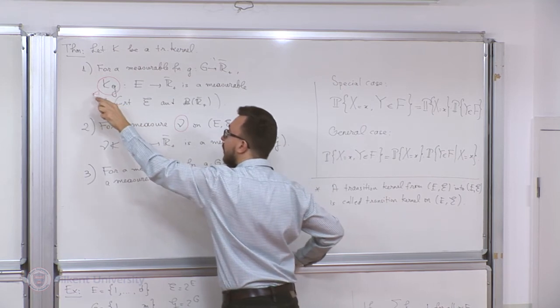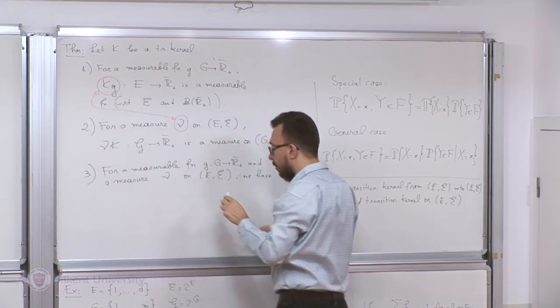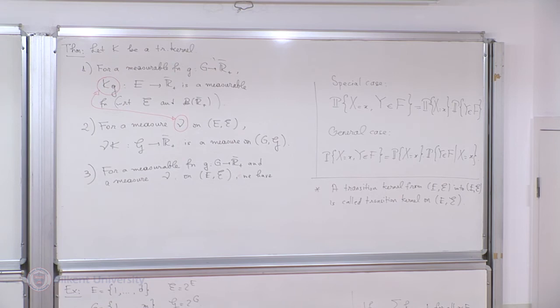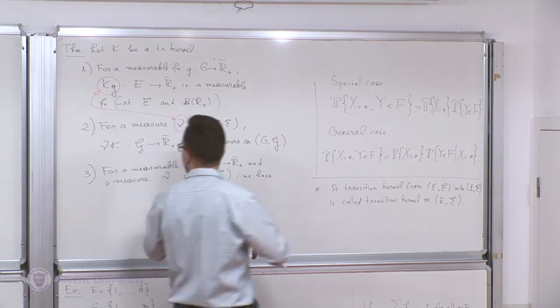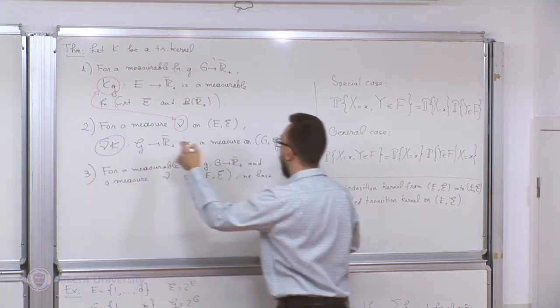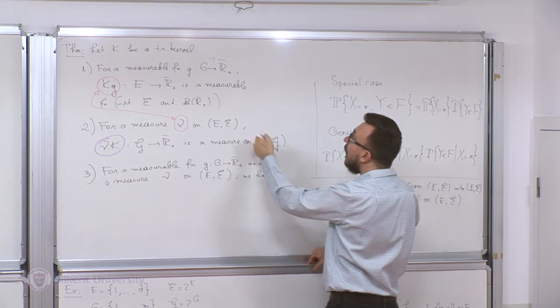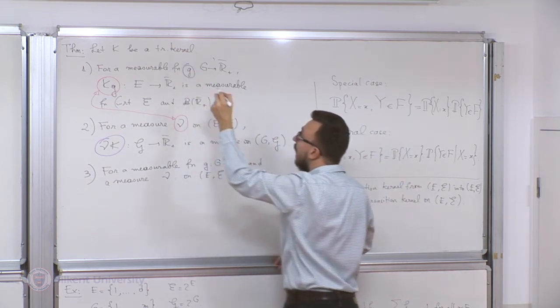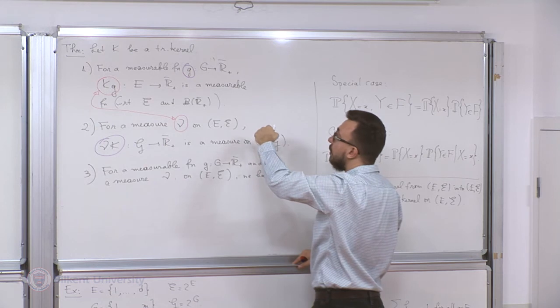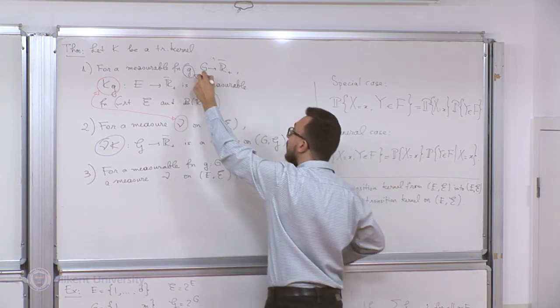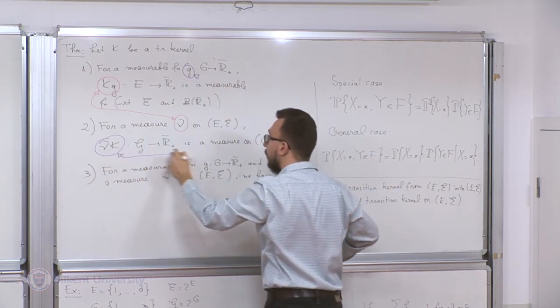Can I integrate this with respect to nu? And there is another opportunity. This is a measure on the second space, while this is a measurable function on the second space. So can I integrate this with respect to this measure?